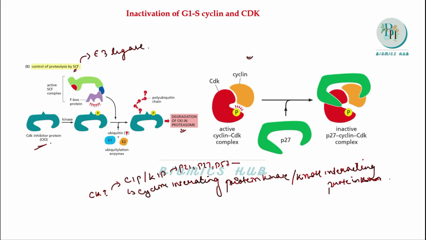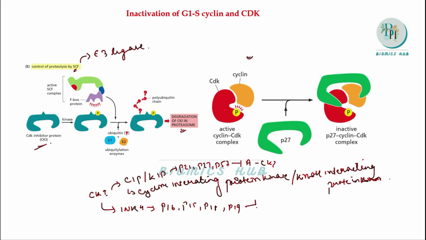So this inhibits the A cyclin or CDK2. The other CKI which is present is INK, from the INK4 family. The examples of INK4 are P16, P15, P18, P19.